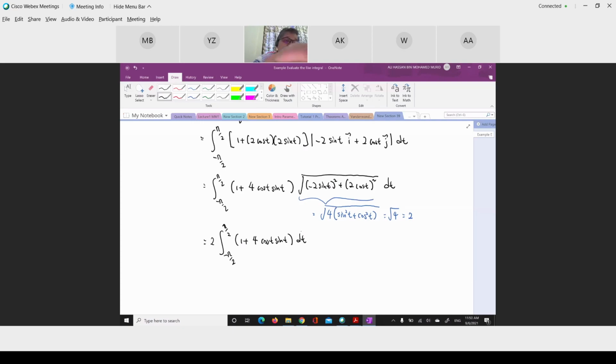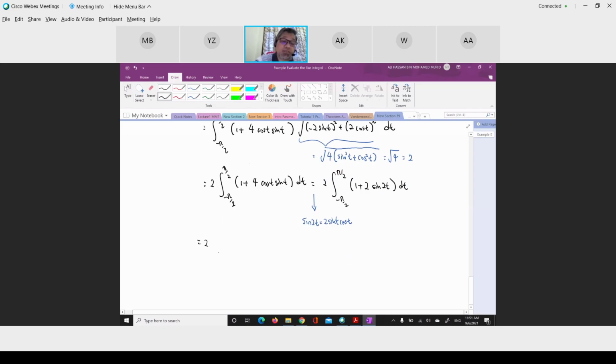Yeah, that's the idea. We rewrite because we know that sine 2t equals 2 sine t cosine t. So 1 plus 4 cosine t sine t is the same as 1 plus 2 sine 2t, isn't it? Now we can integrate this easily.